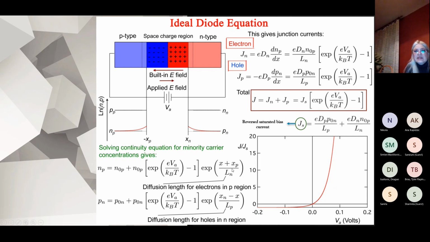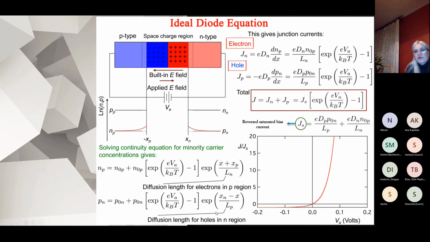So this will be 0, and the exponent of 0 is 1. The applied voltage will be positive, and the exponent of a positive number is larger than 1, and then you're going to have an increase of this minority species next to the depletion zone. Completely the same explanation applies, I don't have to repeat it now, for the holes.